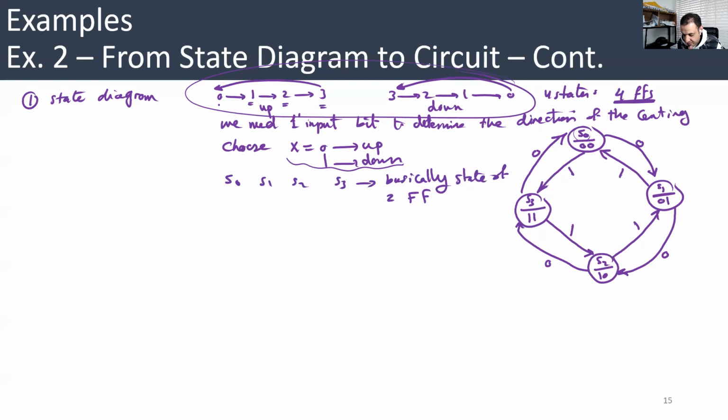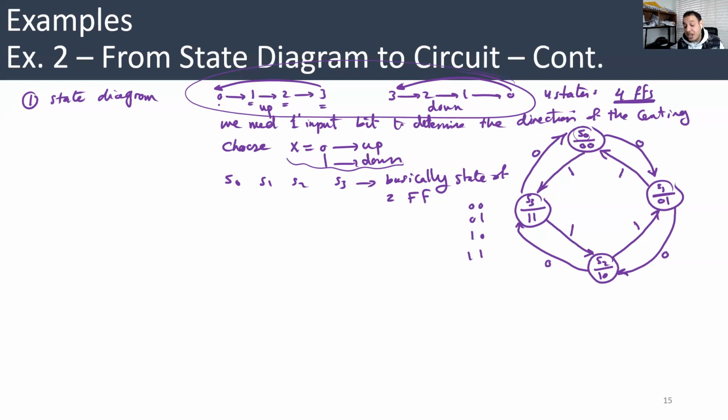Okay, state means value, 0 or 1. Since we have 4 states, we need 2 bits. So you can choose whatever. You have 4 combinations: 0 0, 0 1, 1 0, 1 1. So this is just a state.